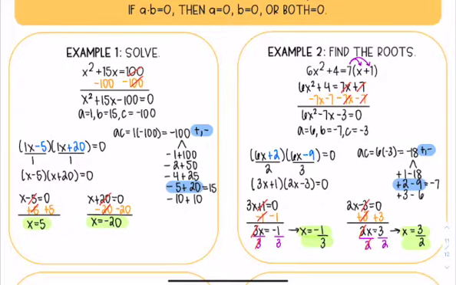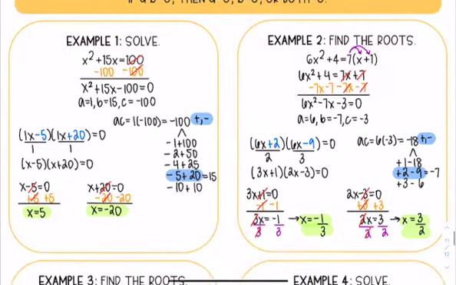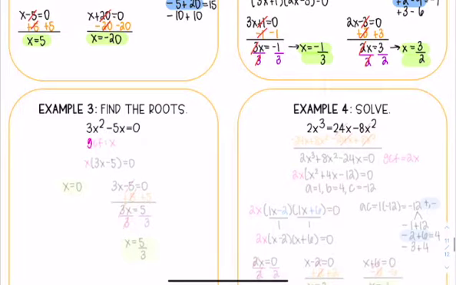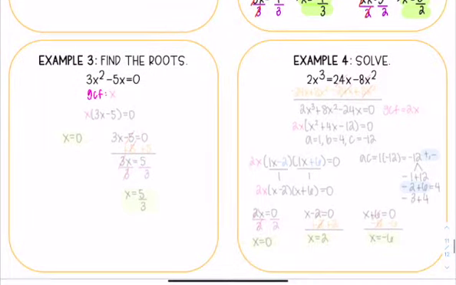Let's look at example number 3. This one's already set equal to 0, so that makes our lives a little bit easier. First thing we want to look for is a GCF. So can I take anything out of both of these pieces? I can take an x out. And so when I pull the x out, I end up with 3x minus 5 equals 0.